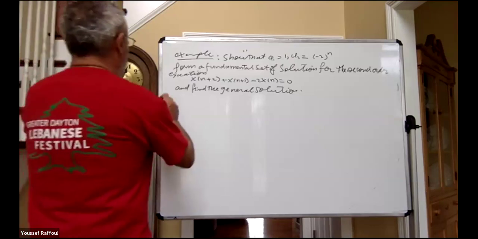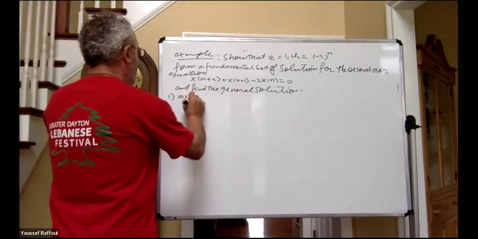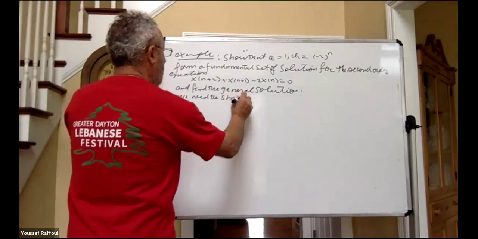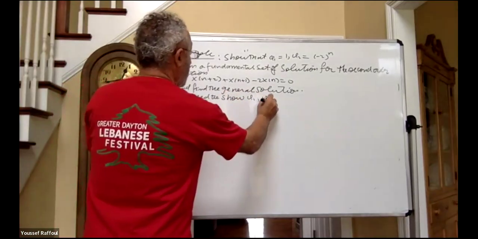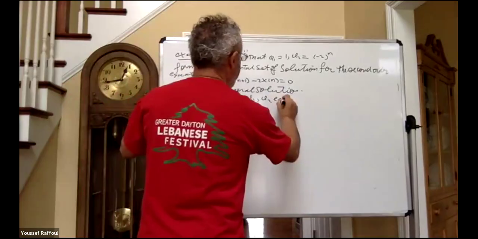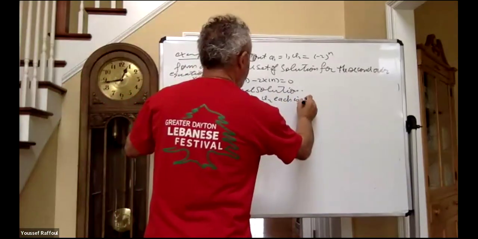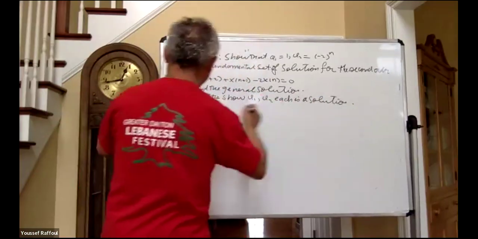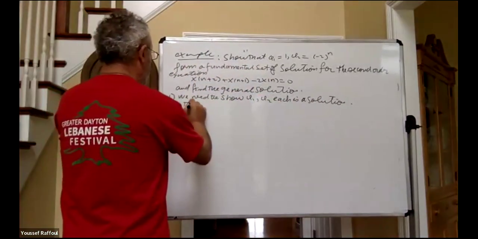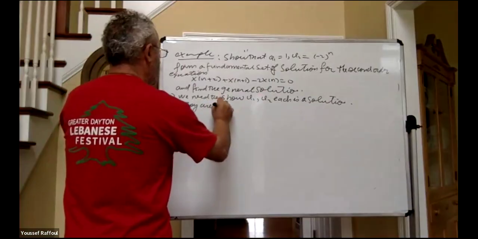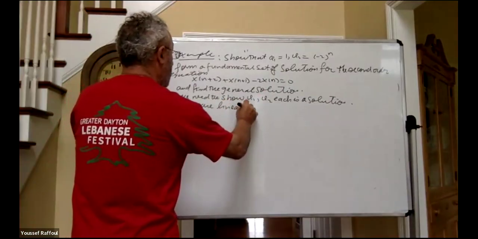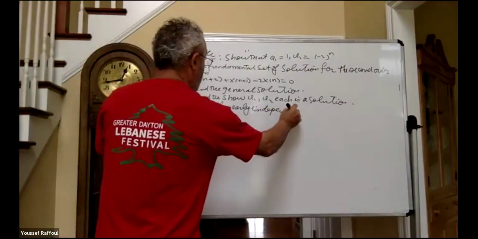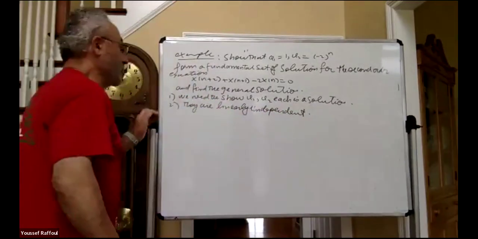So, first of all, we need to show phi 1, phi 2, each is a solution, and they are linearly independent. That's what we need to do.